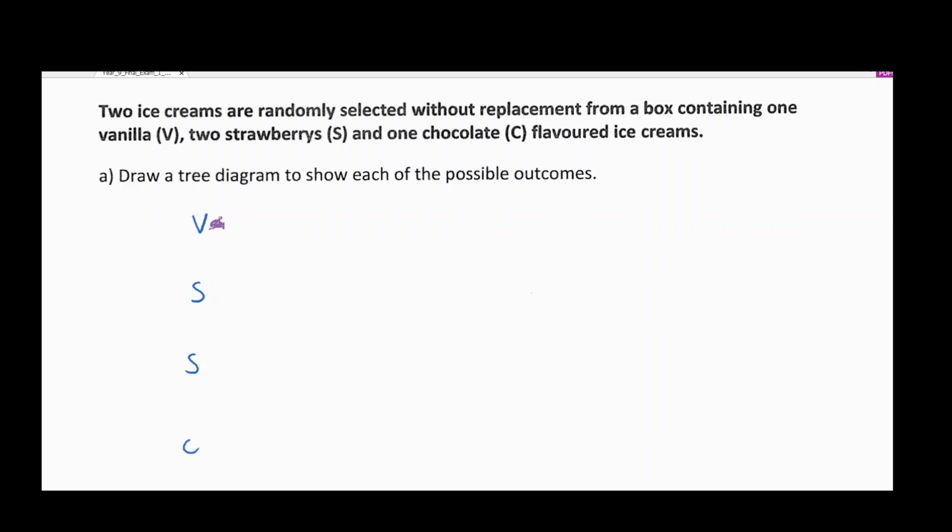Then, if you take the vanilla, you can just have a strawberry, or a chocolate. If you get the strawberry, you can have a vanilla, a strawberry, or a chocolate. If you get the strawberry again, you could have a vanilla, a strawberry, or a chocolate. Or if you get the chocolate, you could have a vanilla, a strawberry. All right. And these are your options.